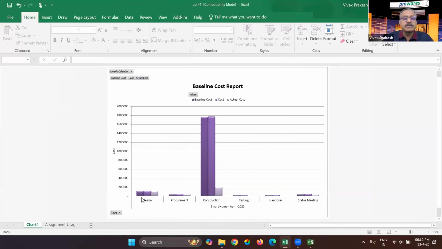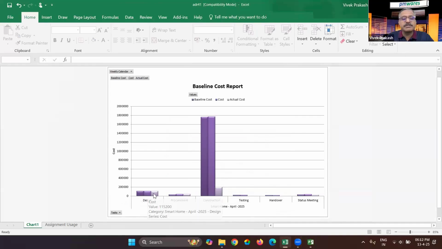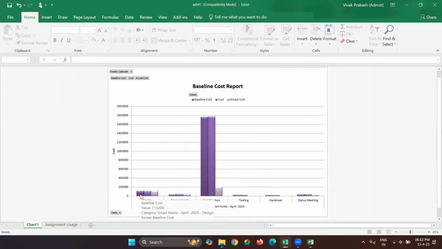For design, there is no deviation altogether. There was a deviation, but because we are using percentage complete, it did not record any deviation. So it's showing that all is well.